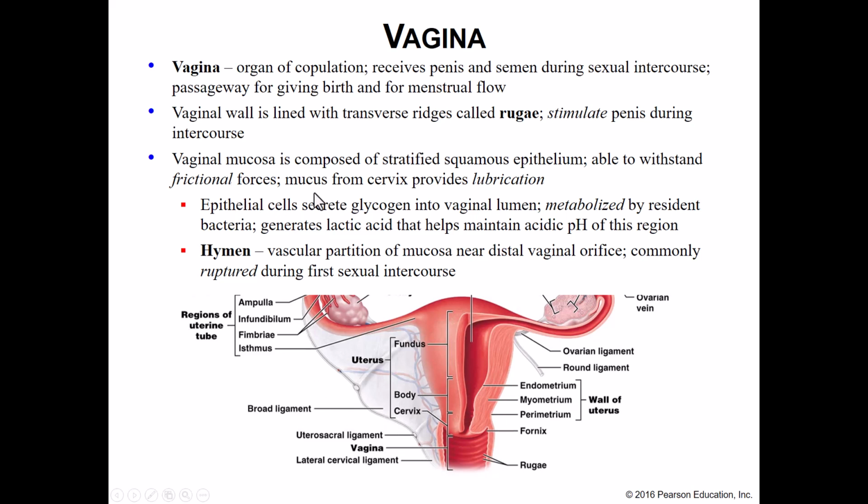We also have glands and secretions in the vagina, which help to mobilize. We also have epithelial cells that secrete glycogen in the vaginal lumen. This helps to maintain the acidic pH of this region and helps to cut down on bacterial growth, preventing infections.